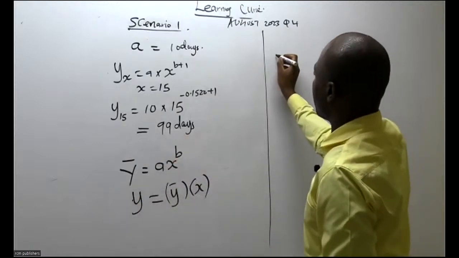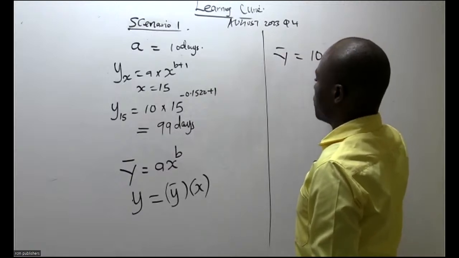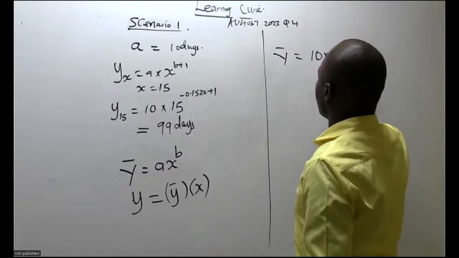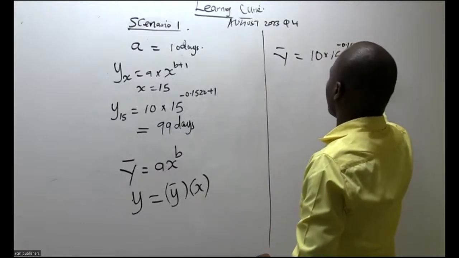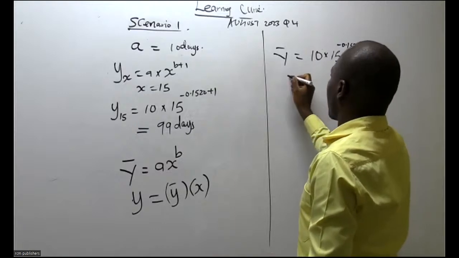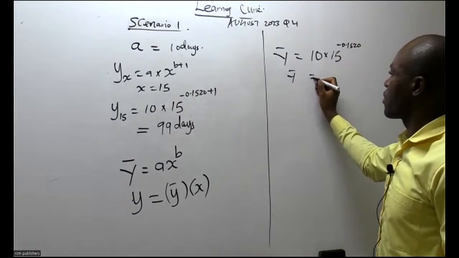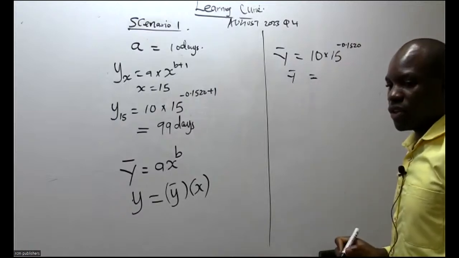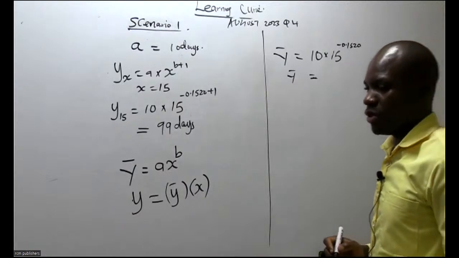Let's get the average first. The average will be A, which is 10, times X, which is 15, raised to the power negative 0.152. How much do you get for the average? Time is not on our side.